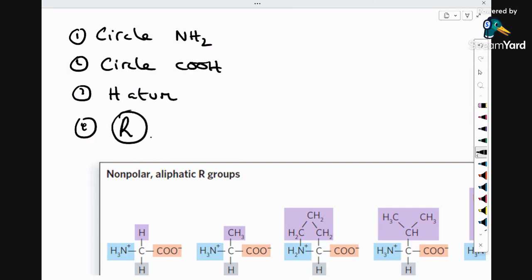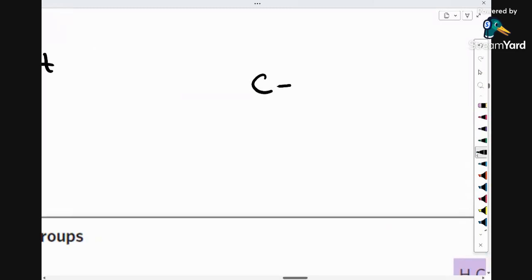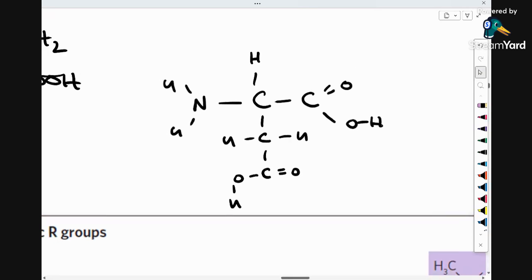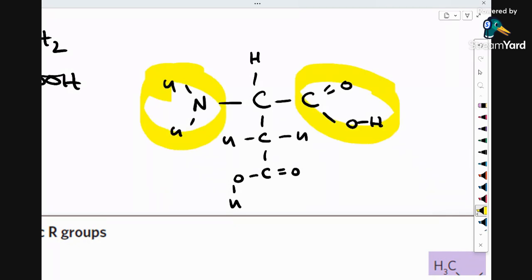Just very quickly, if I gave you an amino acid that looked like this, what you need to do is circle the amino group here, circle the carboxylic acid group.